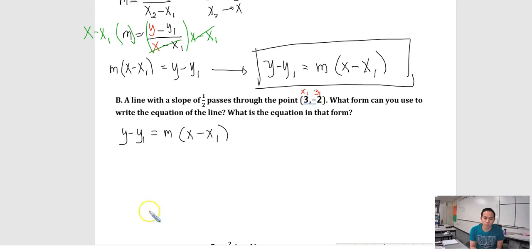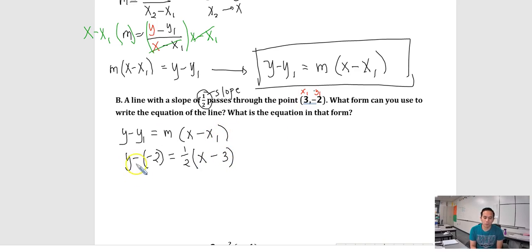So we have y minus -2, from the y1 here, is equal to the slope m, which is 1/2, times x minus your x1, which is 3.